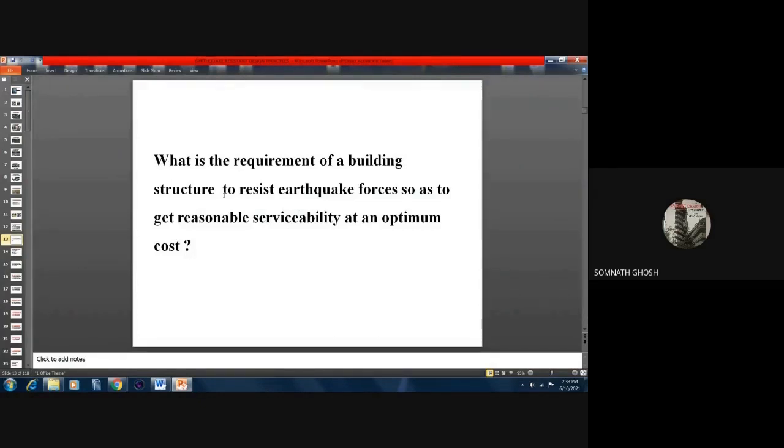Suppose the main frame of the structure is all right, everything is fine, but the walls are cracked. You can go for some kind of stitching and you can use the same wall again.